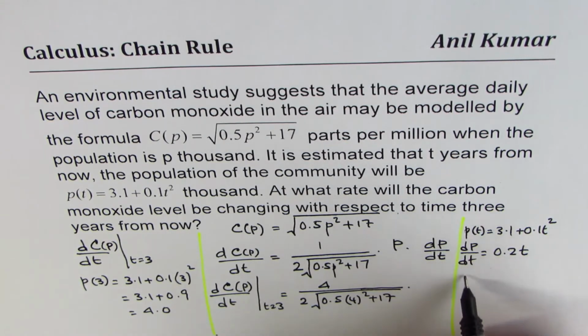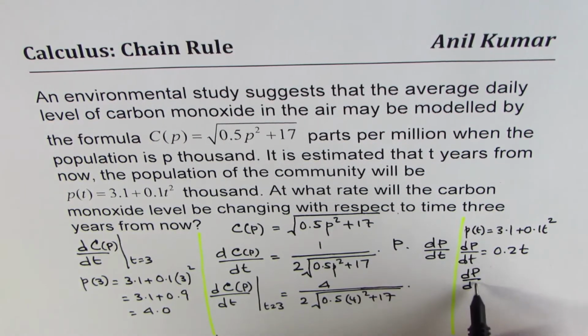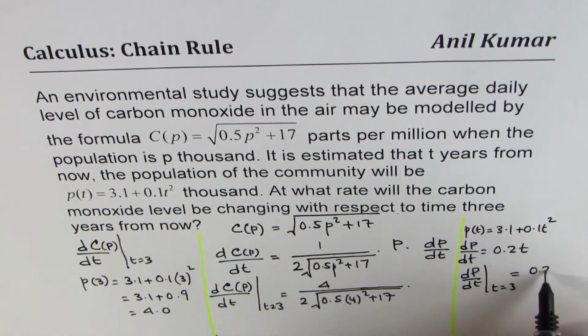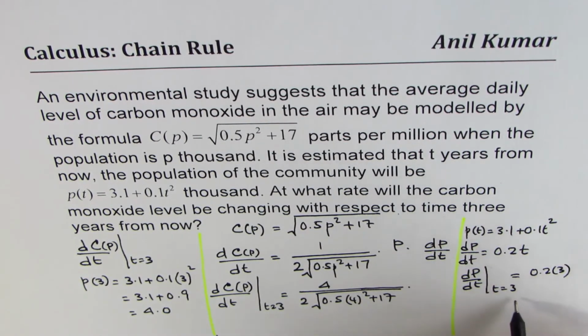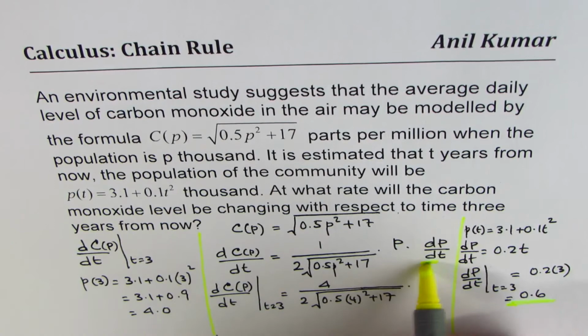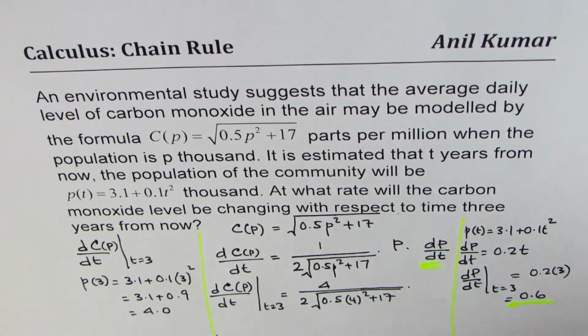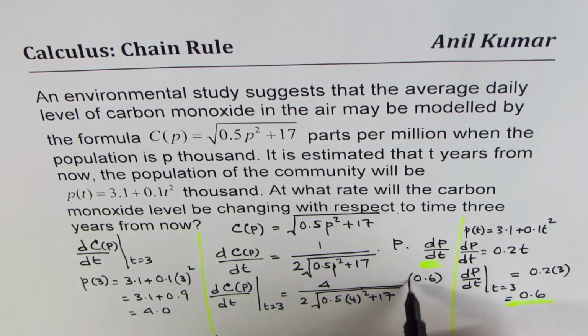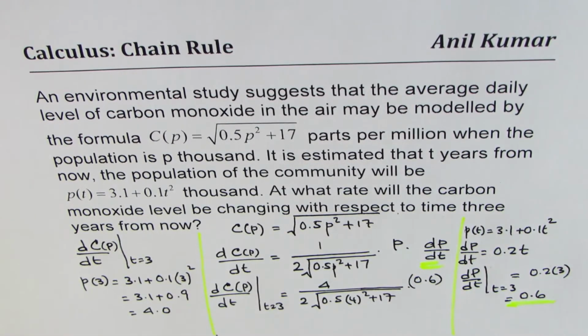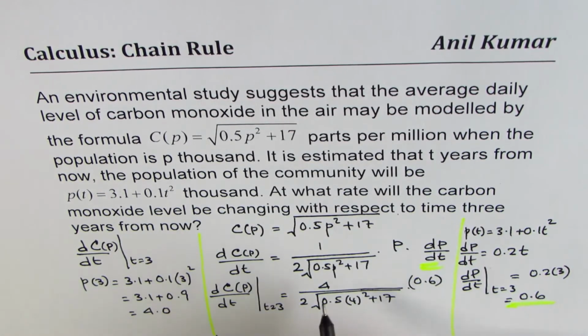So we can also find dP/dt when T equals 3 will be 0.2 times 3, which equals 0.6. So I'll replace dP/dt with 0.6. Is that okay? I'm doing it since I have very limited space. Otherwise, I should have written one more step here, right? So I'm writing 0.6. We'll multiply by 0.6. Correct? So that becomes your answer.